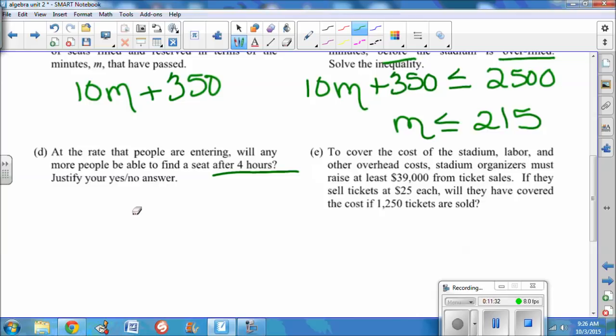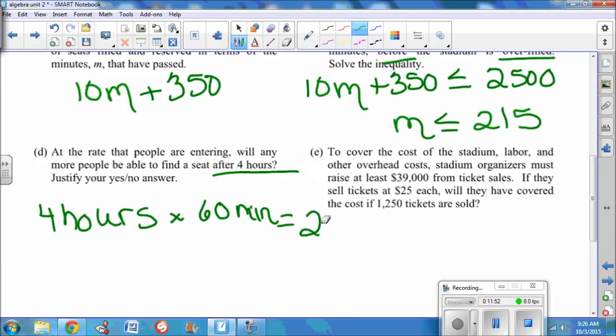So I kind of just mentioned that in part C there. So it says justify yes or no. So if we end up with 4 hours, which we know is 60 minutes each, we end up with 240 minutes.